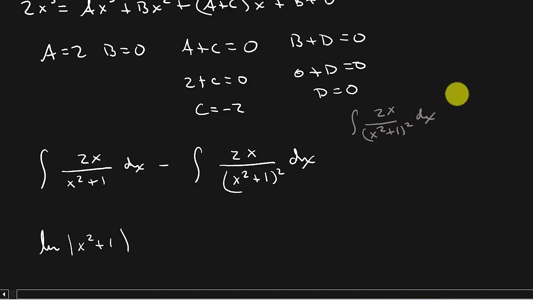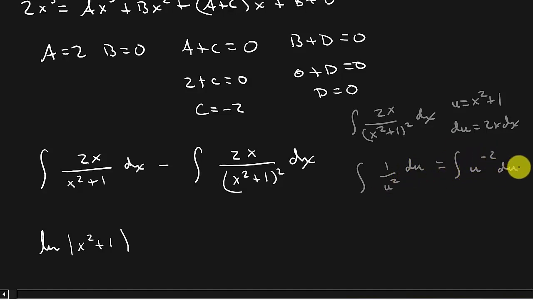Video's been long enough, hasn't it? u equals x squared plus 1. du is 2x dx. So there you go, 1 over u squared du. So that's u to the negative 2 du. So that's u to the negative 1 multiplied by the reciprocal of your new exponent, plus c.